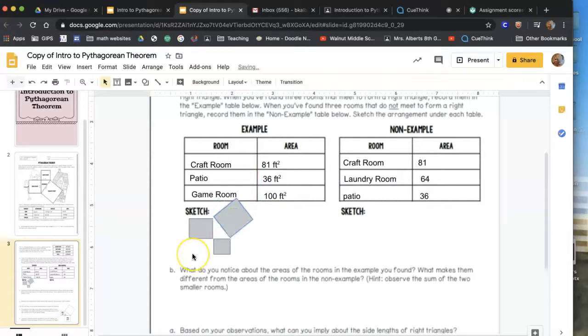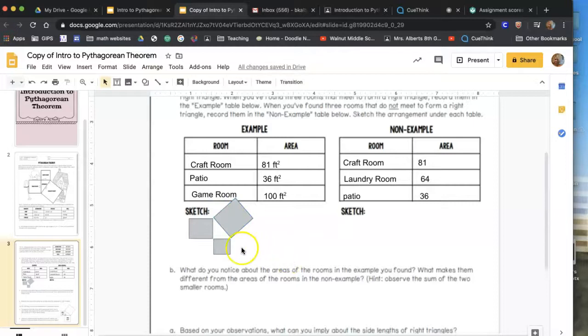There, just like that. Okay? So it's not perfect, but it gives us the idea of what that looks like. Now when you sketch the other one, you would want to make that so it didn't match at all. So I guess if I were going to perfect this one, I would just move this a little bit closer.